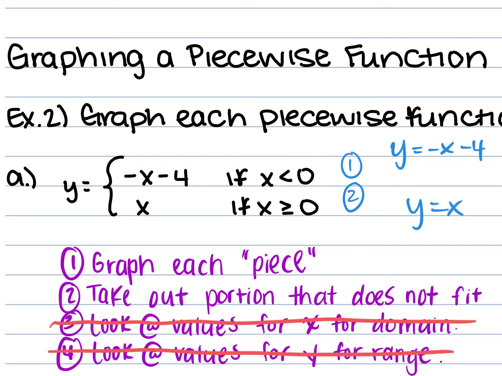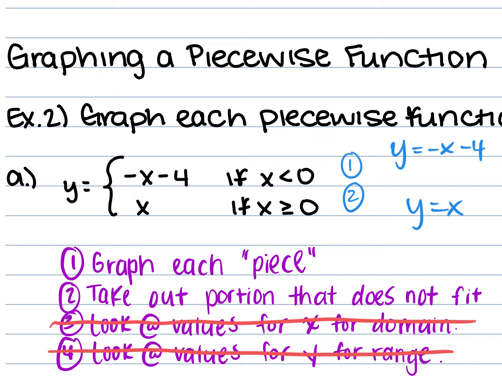Now, y equals negative x minus 4 is going to be the line to the left of 0, because the x values that are less than 0 fall to the left of 0, and the values to the right of 0 would be the values that are greater than or equal to 0.